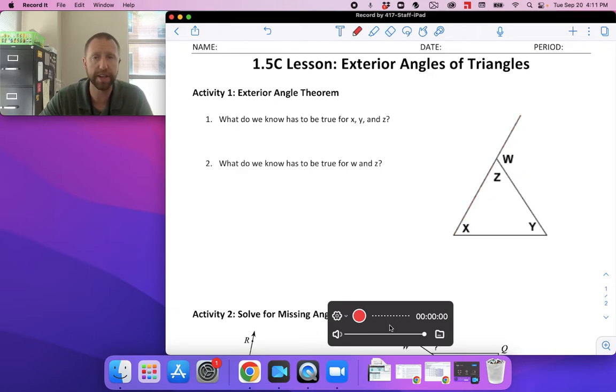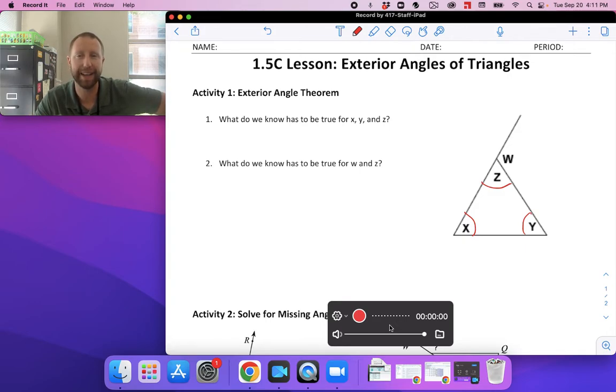So first things first, it says, what do we know has to be true for X, Y, and Z? So they're talking about these three angles, X, Y, and Z. Growing up, we always used to say XYZ for examine your zipper, in case you accidentally left your zipper unzipped.